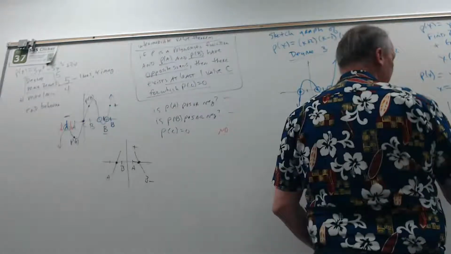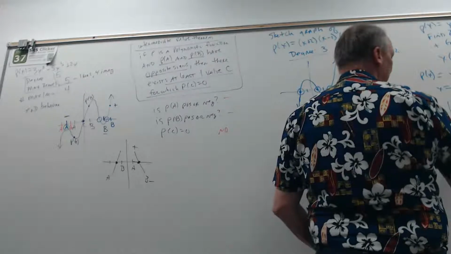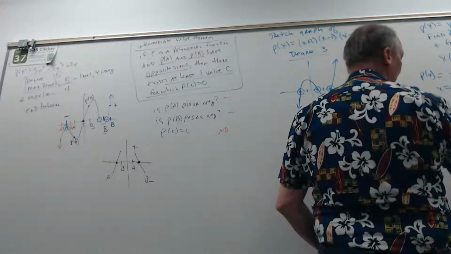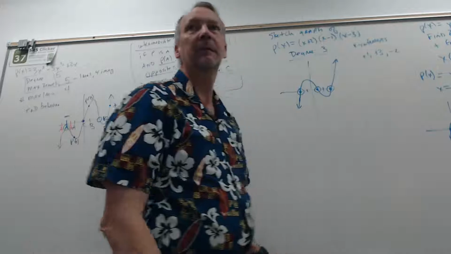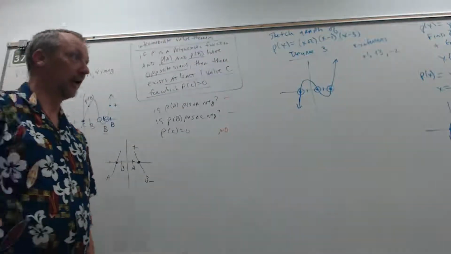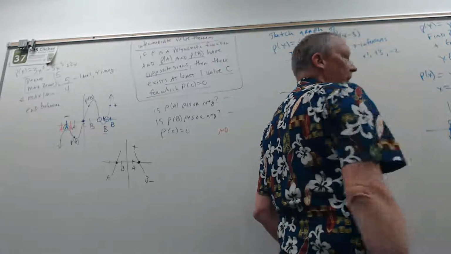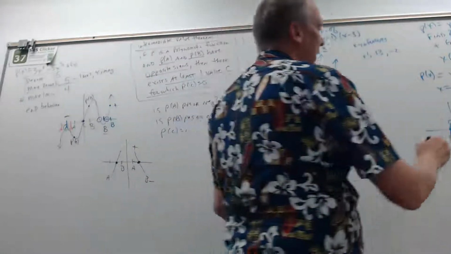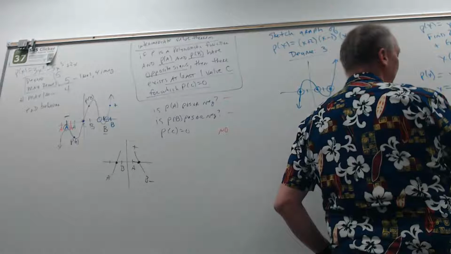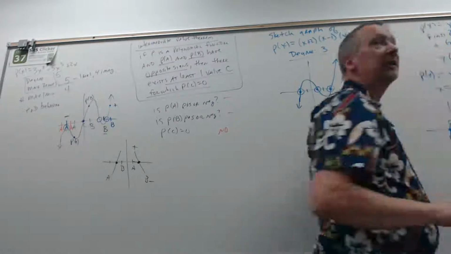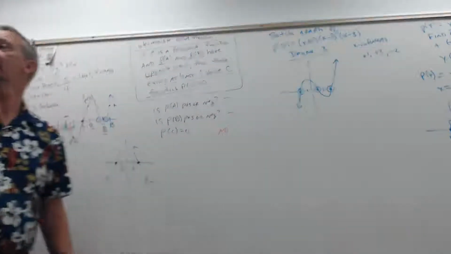The end behavior is going to start low, and it's going to go high, just like that. I'm not too worried about where these locations are. As long as you get the basic shape right and you get these 3 points right, that will be good for the quiz tomorrow.